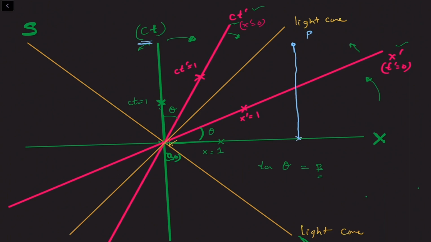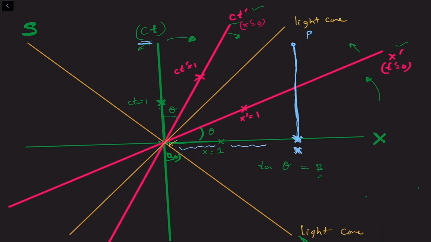All of the points on this perpendicular have a fixed value of x, but they have differing values of t. So when we see where this intersects the x-axis, we have located the x-coordinate of the point P, and we get the numerical value of the x-coordinate by seeing how many unit lengths we have to traverse to get to this point over here.